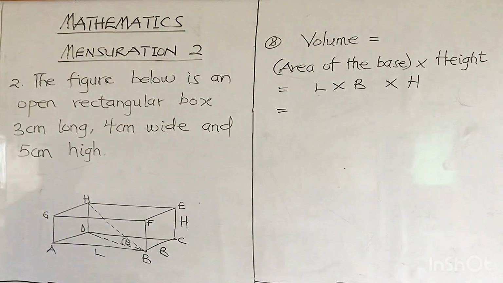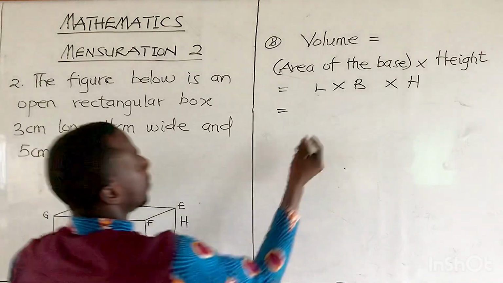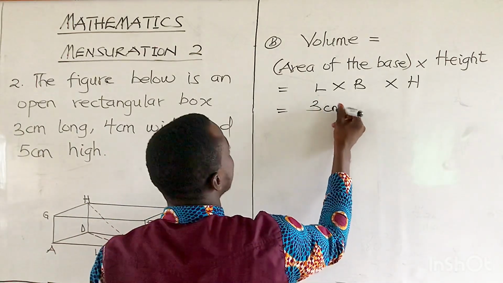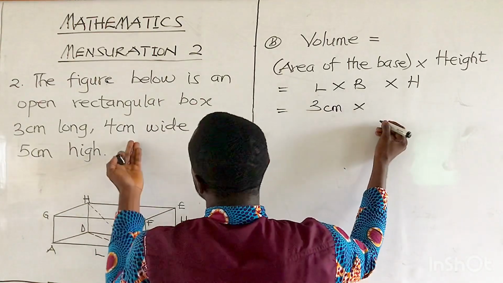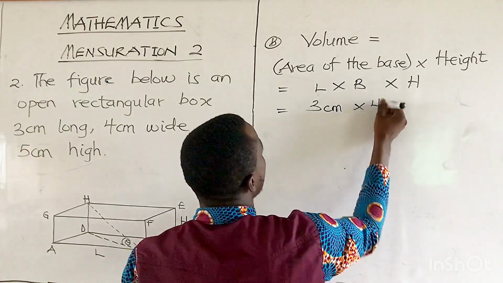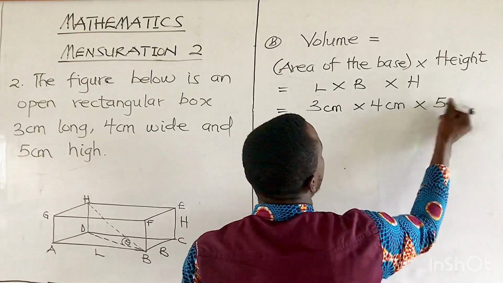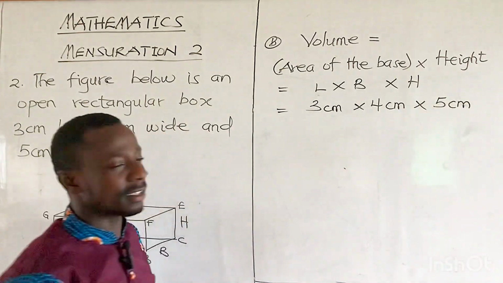Now we have the length to be 3 centimeters times the breadth, which is the same as the width, 4 centimeters. Then we have the height to be 5 centimeters.